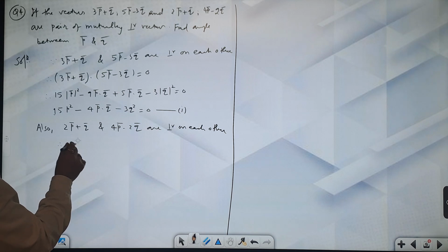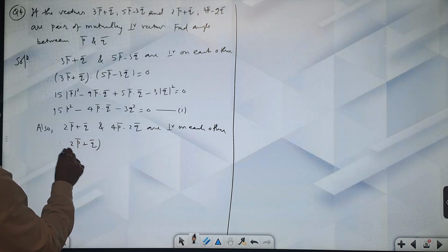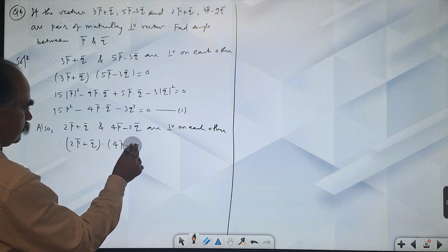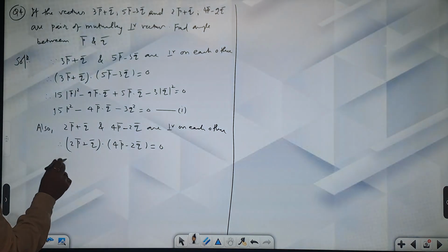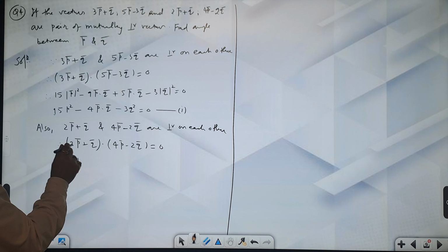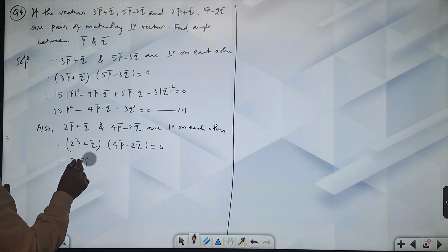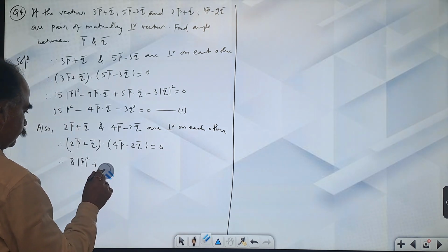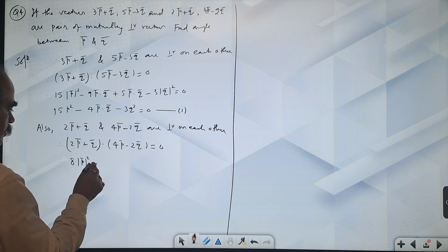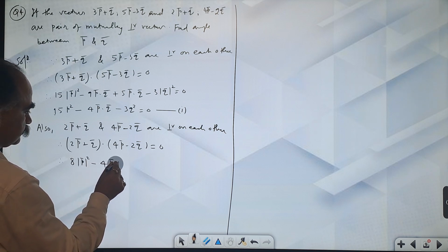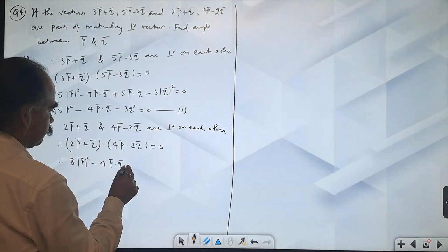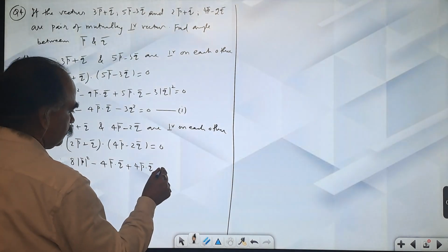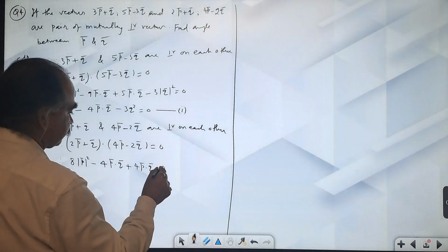Therefore, 2p bar plus q bar dot 4p minus 2q is 0. 2 into 4, 8 mod p bar square, minus 2 into 2, minus 4p dot q, plus 4p dot q, minus 2 mod q bar square.